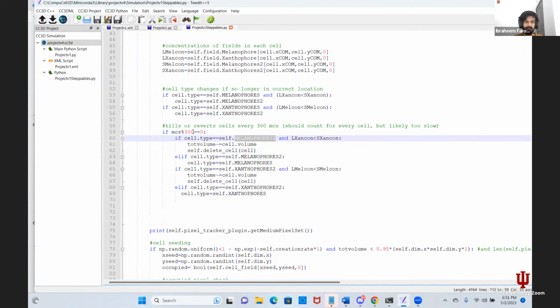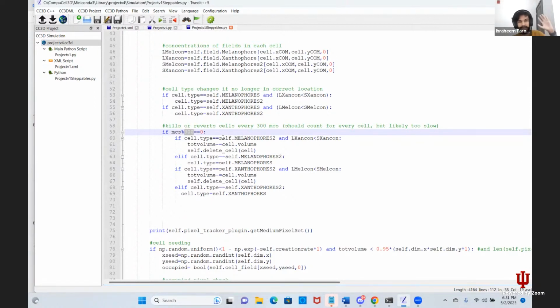This is more problematic when there are few cells in the simulation. When we do the demonstration, Mike might show this, but at low MCSs you get more cell death, because the cell field changes are more rapid.